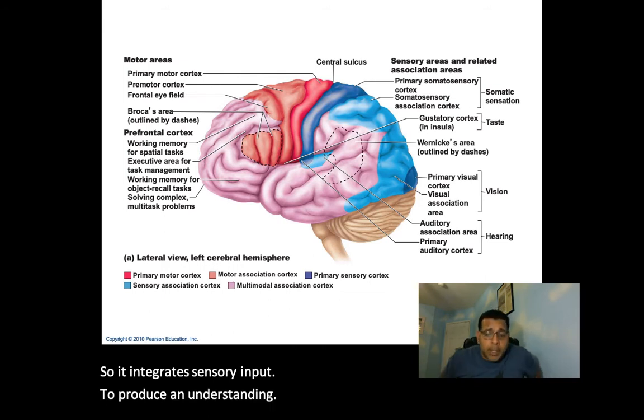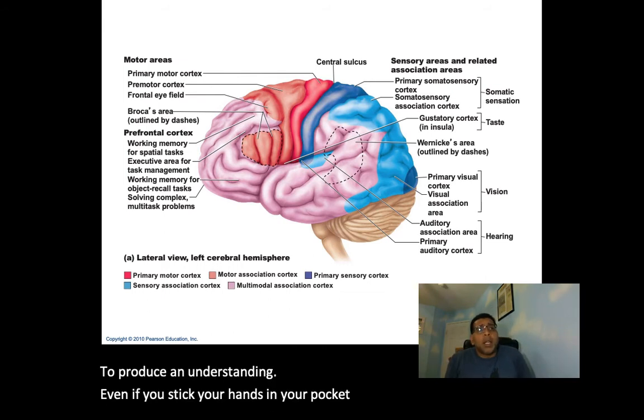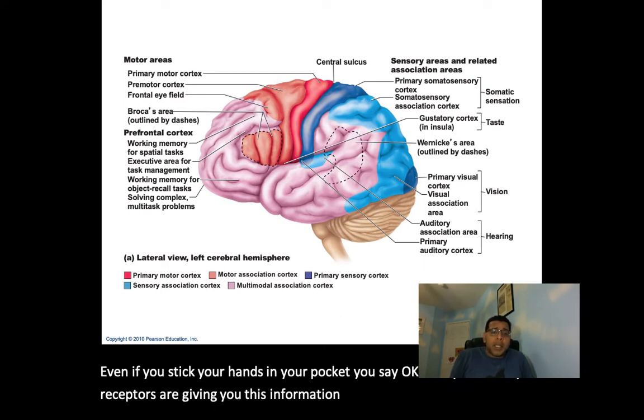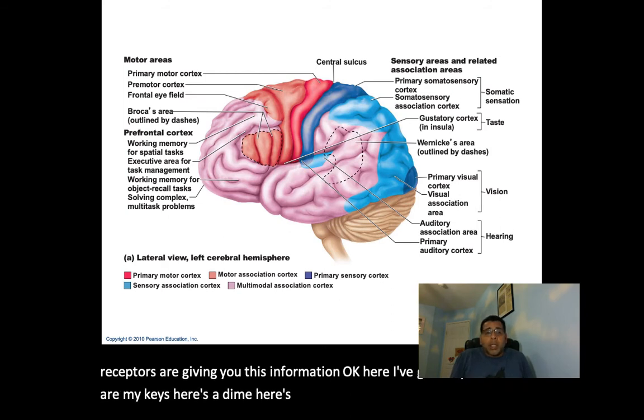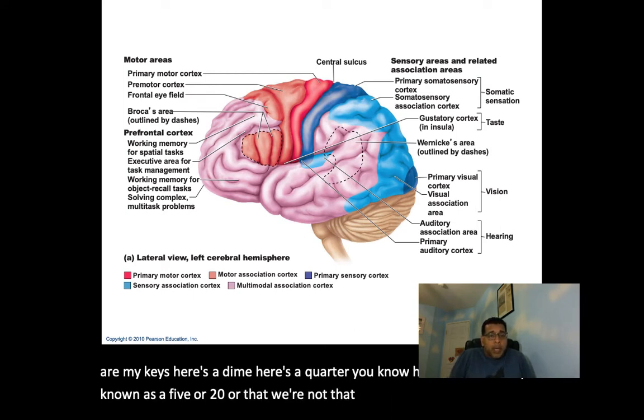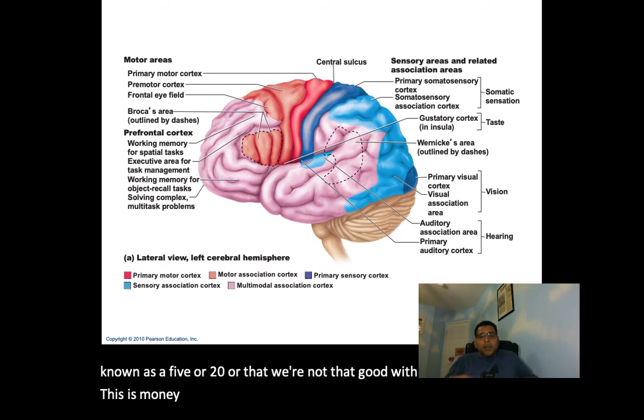Even if you stick your hands in your pocket, sensory receptors are giving you information. Okay, here I've got chapstick. Here are my keys. Here's a dime. Here's a quarter. Here's a dollar bill. I don't know if it's a 5 or a 20, we're not that good, but at least we know this is money, or maybe even regular paper. You could confuse it for that as well.